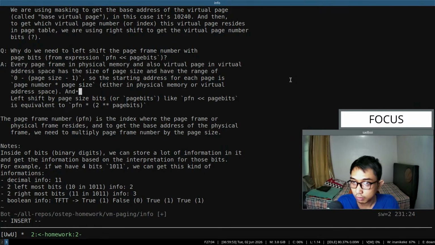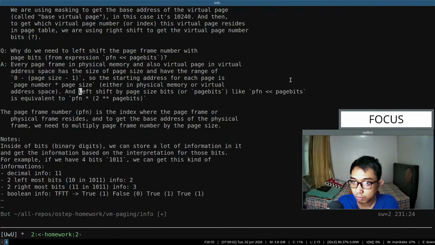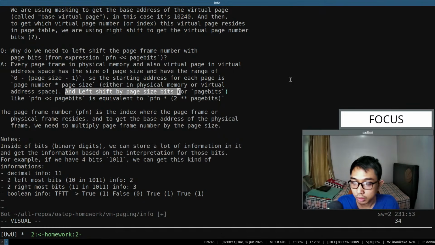And left shift something like this, and left shift by page size bits like this is equivalent to this one.